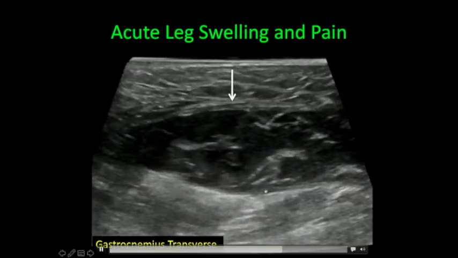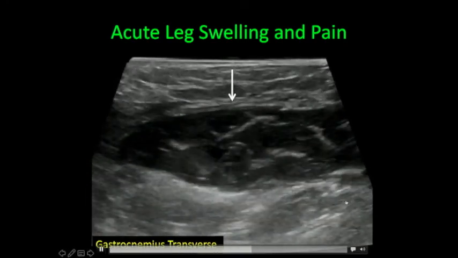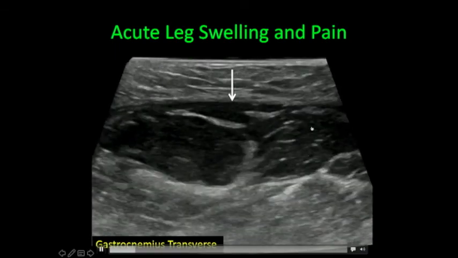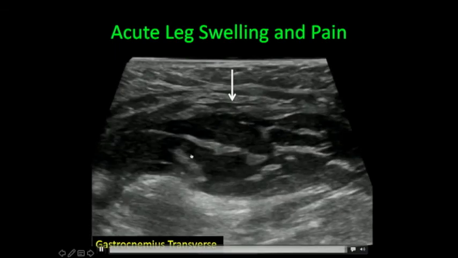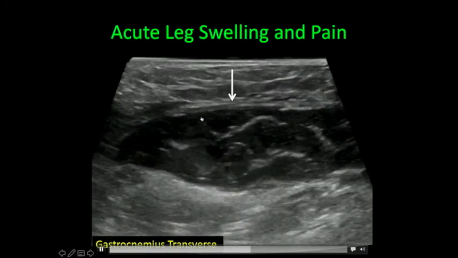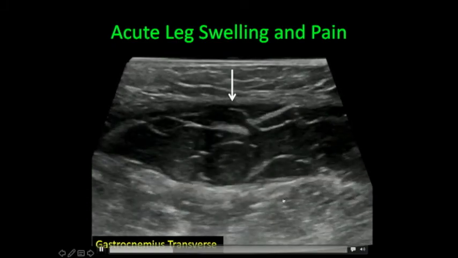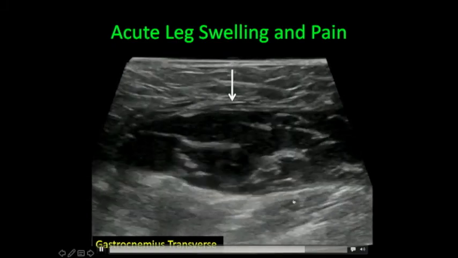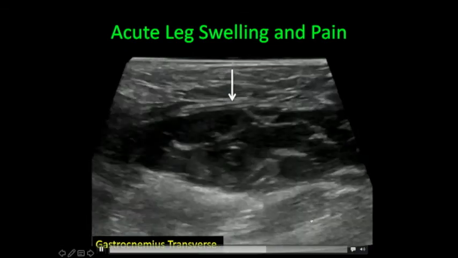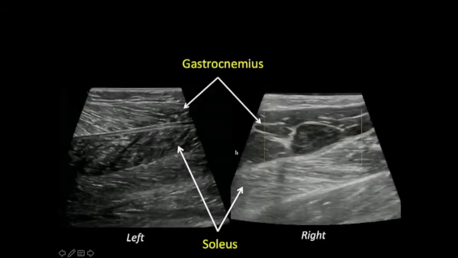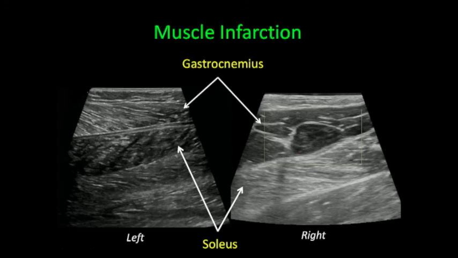But if you look carefully at this cine clip, you can see that we've got all of this echogenic architecture within this, and this is actually just the gastrocnemius muscle, so it's not a fluid collection, it's the muscle that's just markedly expanded and hypoechoic. If we compare this to the other side, this was the medial belly of the gastrocnemius. This muscle is enlarged and hypoechoic, and this was most consistent with muscle infarction given his history.